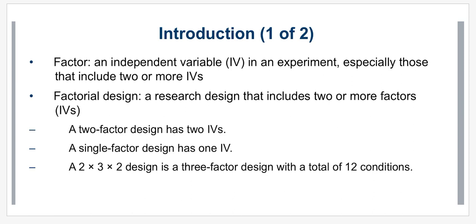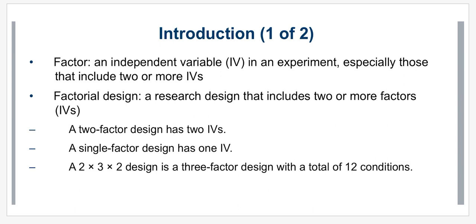So a 2 by 2 just means there are two independent variables and there's two levels of each independent variable. So that was gender, so male and female, and then the violent video game, so either violent or non-violent. So there's two things, and that is an example of a two-factor design.